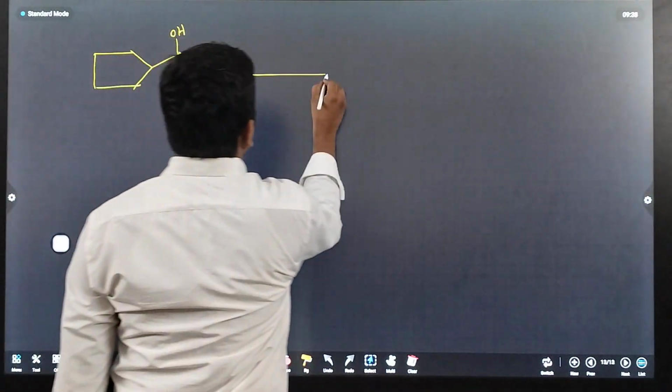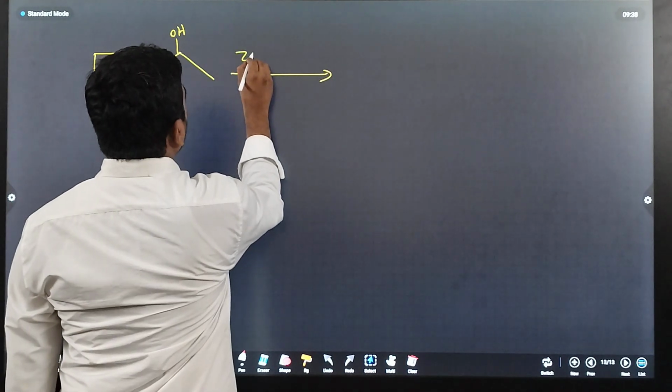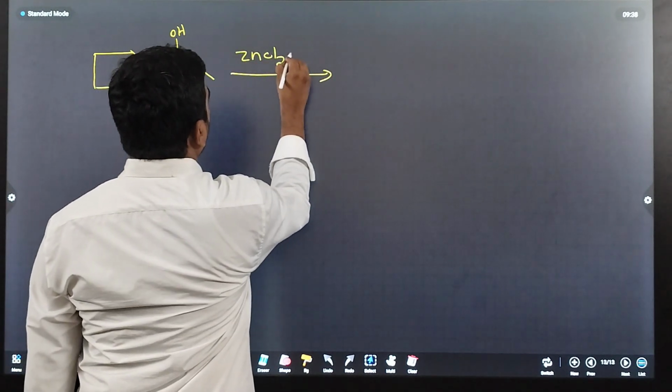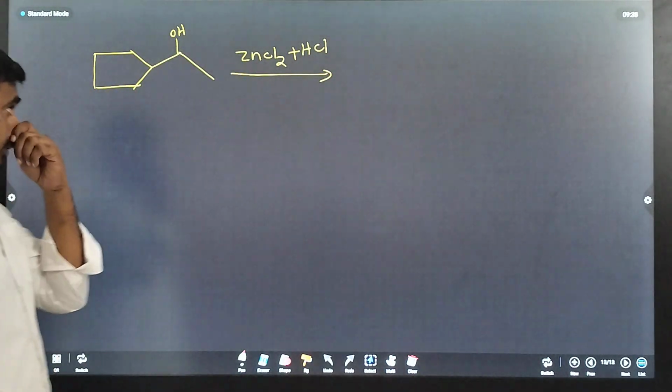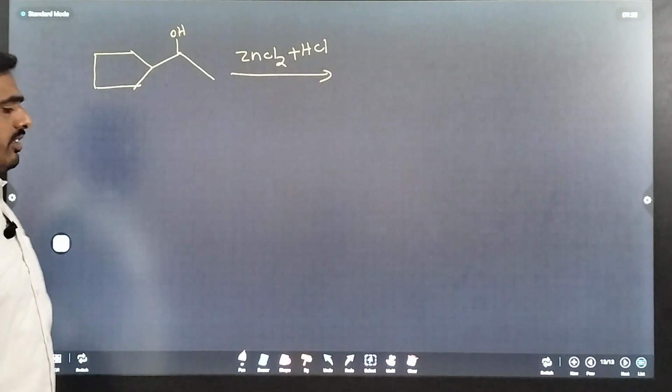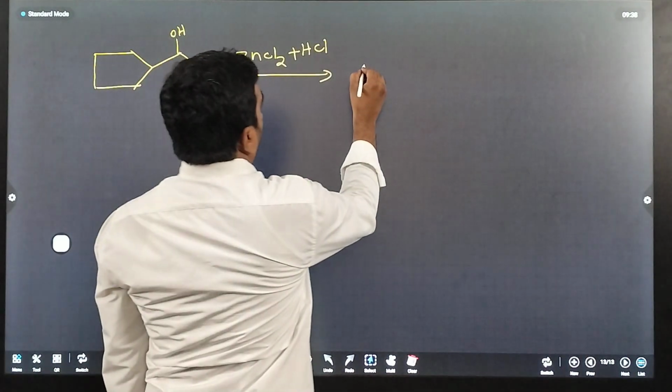So here ZnCl2 plus HCl. This is also Lucas reagent. So which product is obtained?